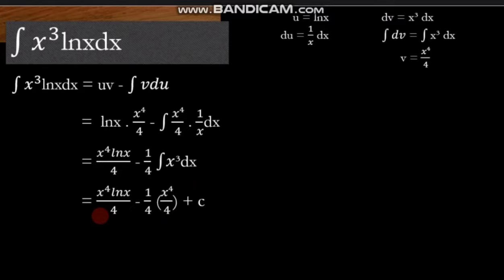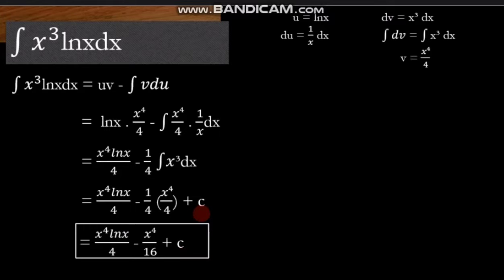So, copy x raised to 4 ln x over 4, then minus 1 over 4 times x raised to 4 over 4 plus the arbitrary constant c. Therefore, our final answer is x raised to 4 ln x over 4 minus x raised to 4 over 16 plus c.